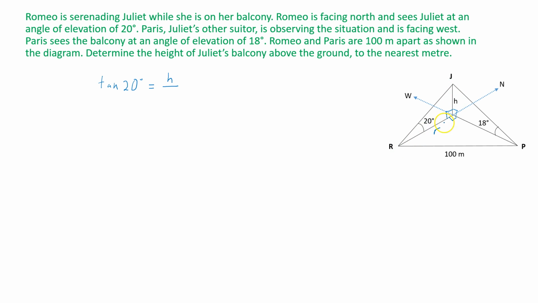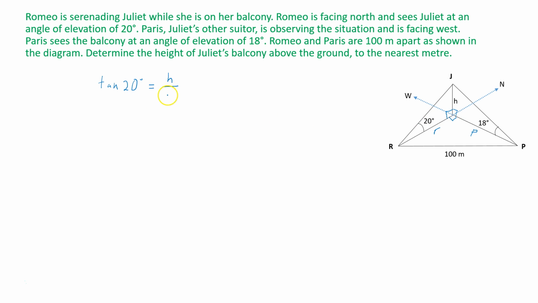So this distance here, the length of the base of this triangle is r, and we'll assign lowercase p to represent the length of this triangle here. Okay, so that's the distance that Paris is from this point.